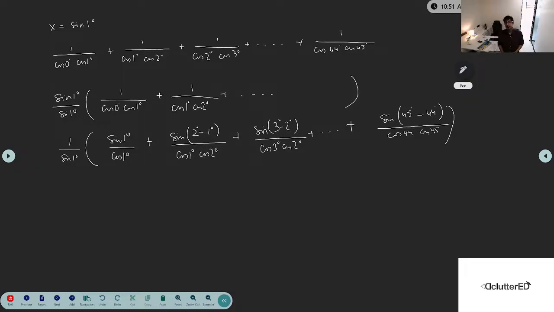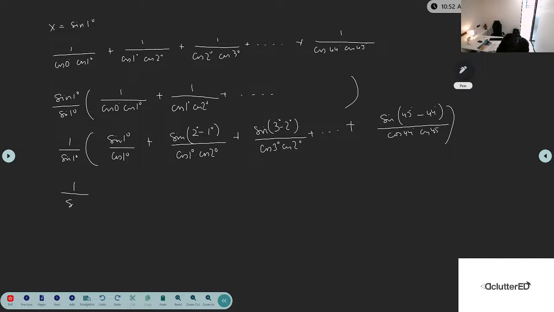What we have done is we have introduced the sine 1 term into the expression, and every term we have written in form of the given terms. So the cos 3 cos 2 term which was in the denominator, I have expressed the sine 1 of the numerator as sine of 3 minus 2 degrees.